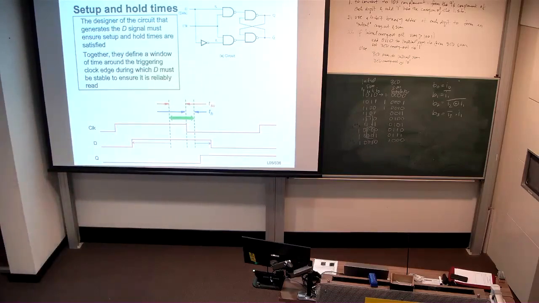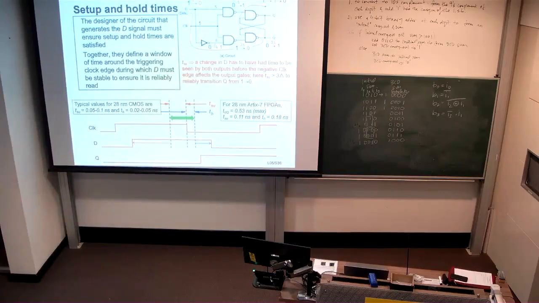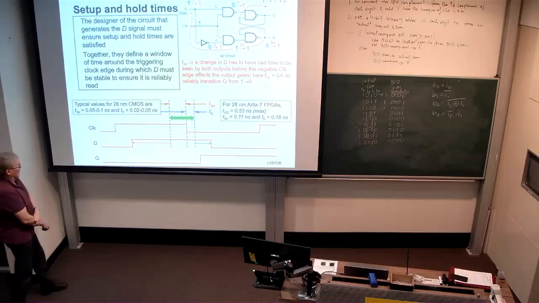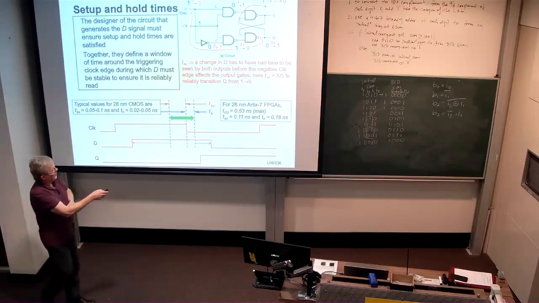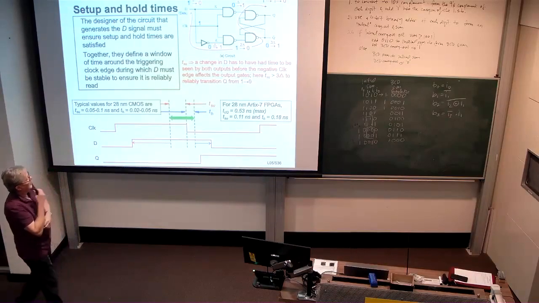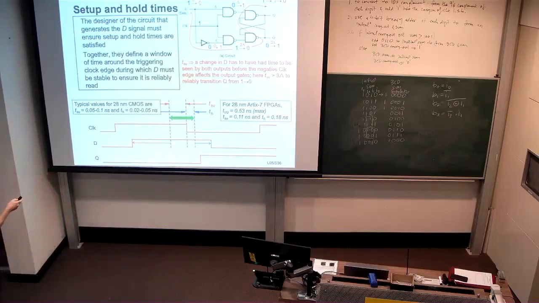So let's have a look at this first from the perspective of the setup time. Let's have a look at this circuit first. Here the clock is high, and we have D changing from 1 to 0 at time 0, let's say.